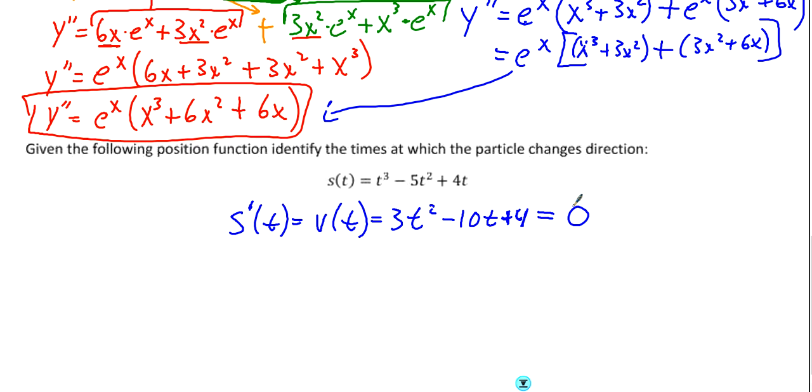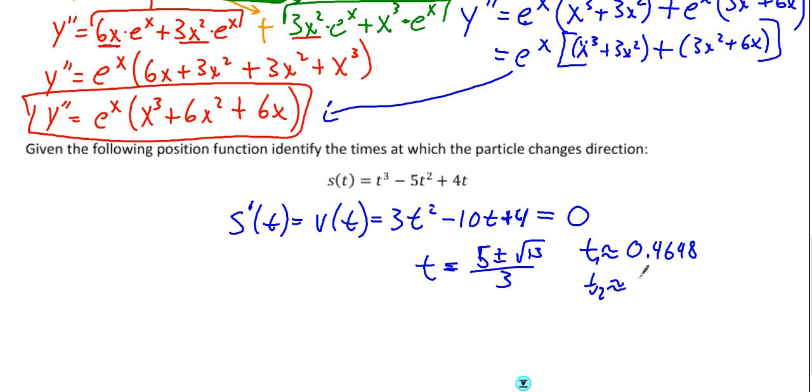So this one right here is not factorable with just common factoring. You'd have to either do the quadratic equation or you could graph it. But when you find your values, you get t equals (5 plus or minus the square root of 13) over 3, which means t1 is approximately 0.4648 and t2 is approximately 2.868.